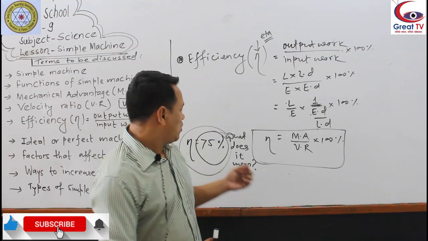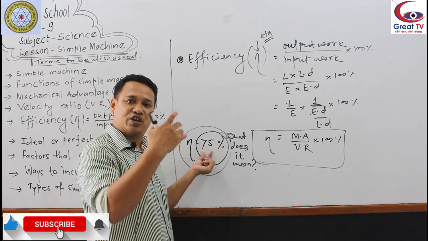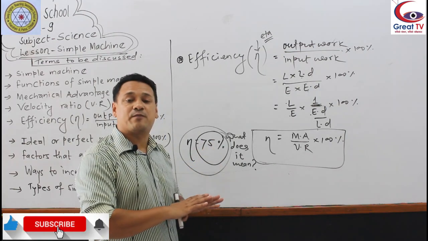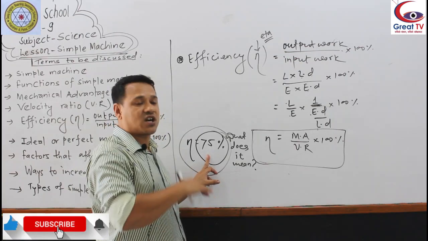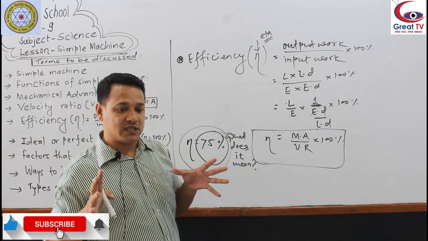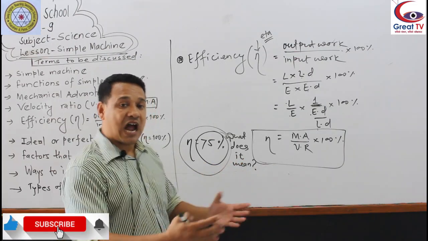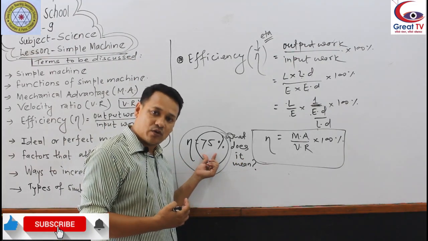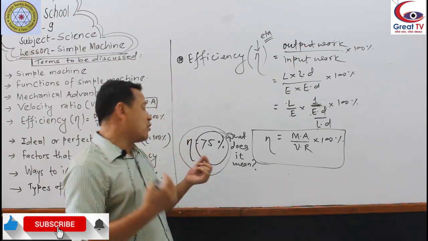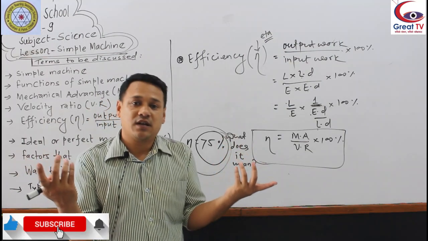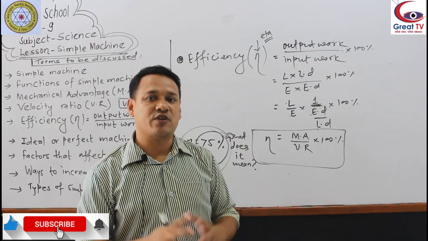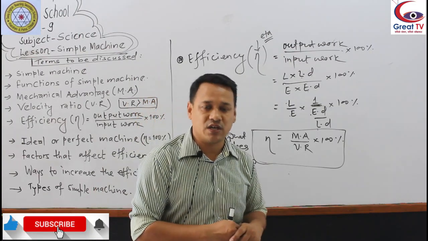So 75% is converted into output work and 25% is lost. We have applied 100% input effort, but the output came only 75%. 25% is lost to overcome the friction.